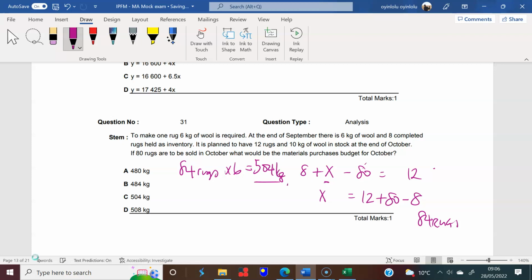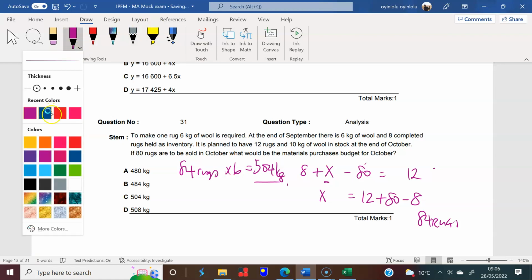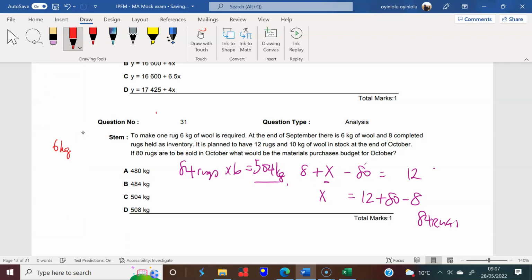Right, now I'll just change my pen color. I have 6 kilograms at the start, so I need to buy a certain number of kilograms, take out 504 kilograms to the people in production, and be left with 10 kilograms. So I start with 6, let go of 504, and am left with 10.